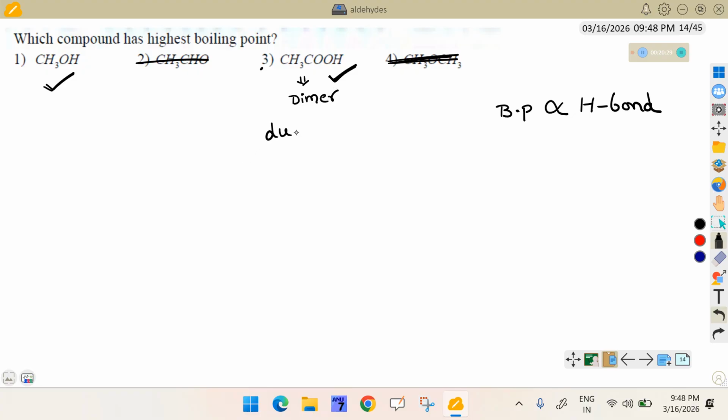Here, due to hydrogen bonding, carboxylic acid is available in the form of a dimer. That means the molecular weight of carboxylic acid abnormally increases, but alcohol is not available in the form of a dimer. So the correct option is the third option.